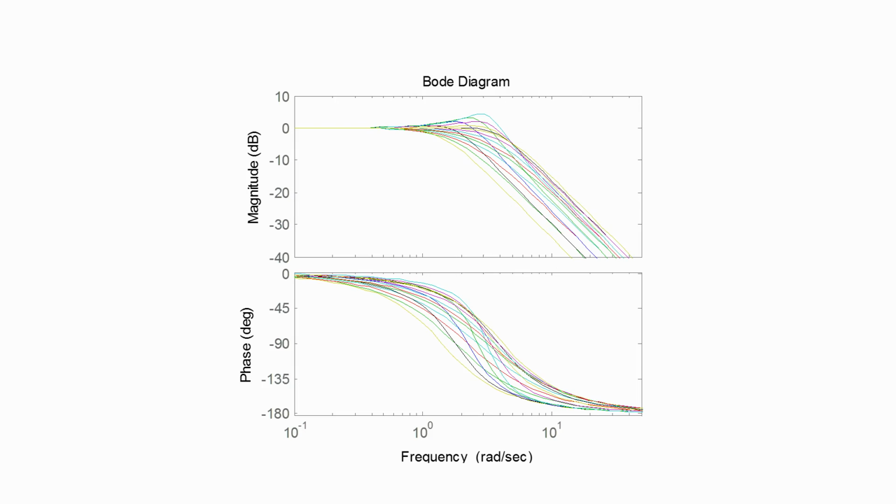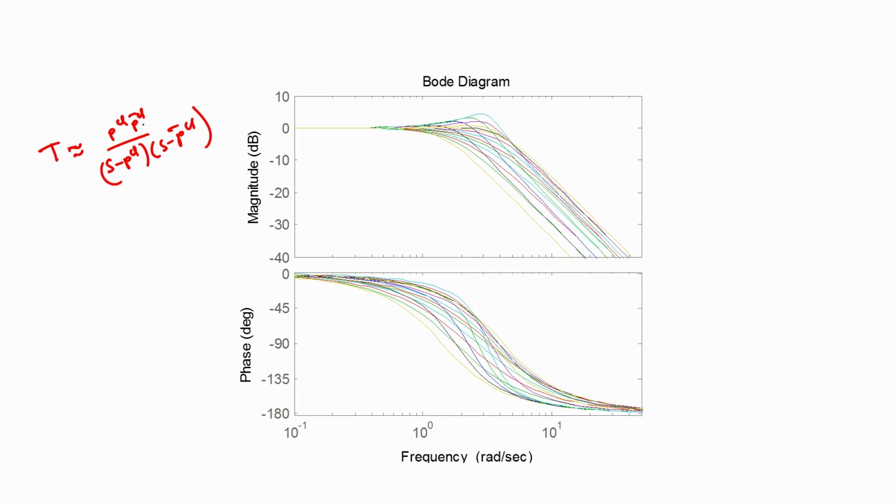So, for each particular value of PCL and its corresponding value of PCL bar that are within the rectangle, we have computed the transmission function T, which is approximately equal to PCL times PCL bar divided by S minus PCL times S minus PCL bar. And for this transfer function I have drawn the Bode plot.